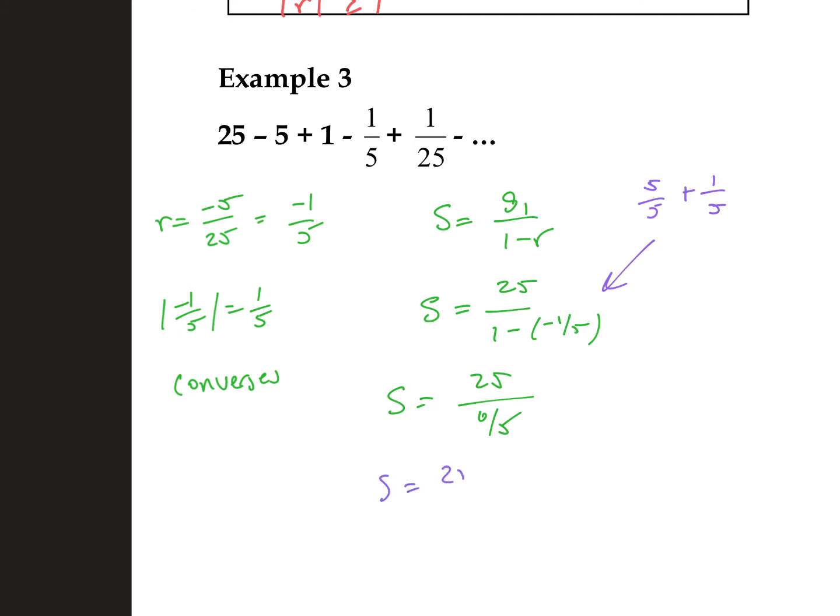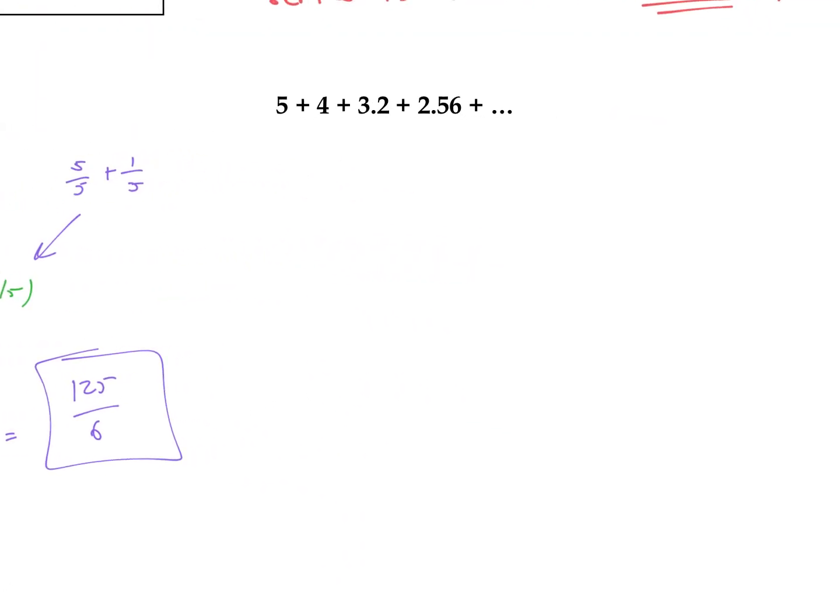So keep, change, flip, and you get 125 over 6. So once you know if it converges or diverges, it tells you what you need to know. Since it converges, you get a solution. If it diverges, you don't. Most of the time you will converge, that way you have something to do.